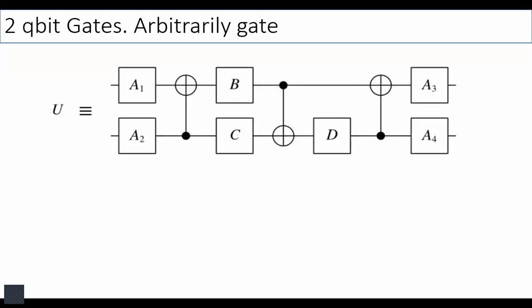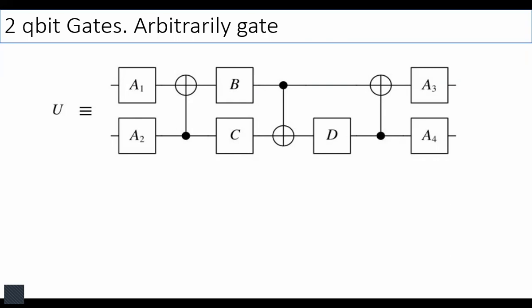Arbitrary 2-qubit gate. An arbitrary 2-qubit gate can be written in such a form, where these blocks A1, A2, B, C, D, A3, A4 are certain 1-qubit operations.